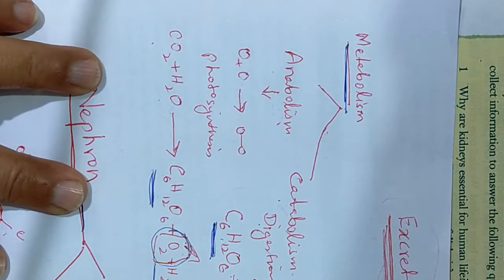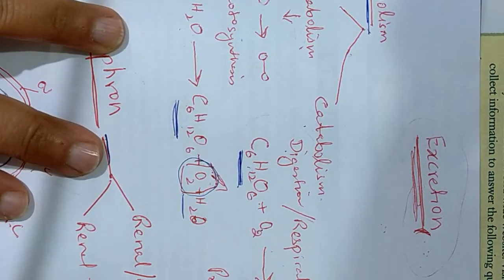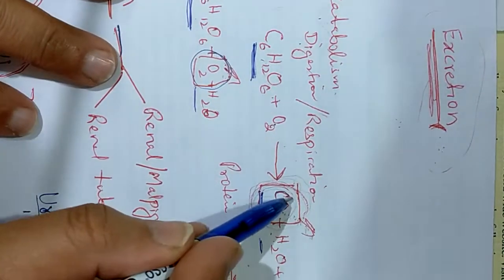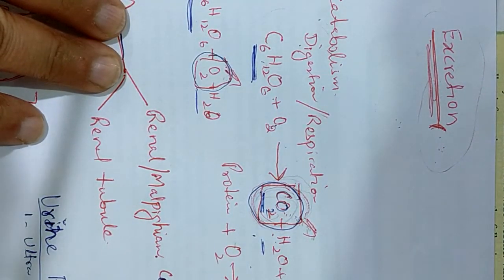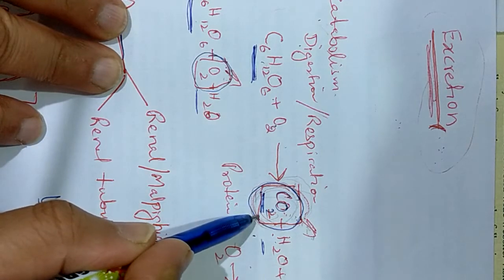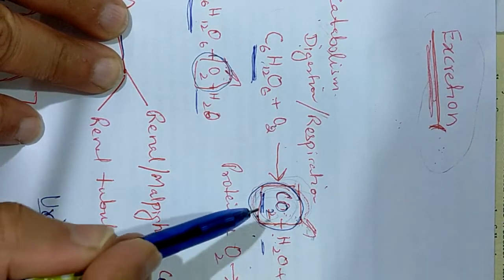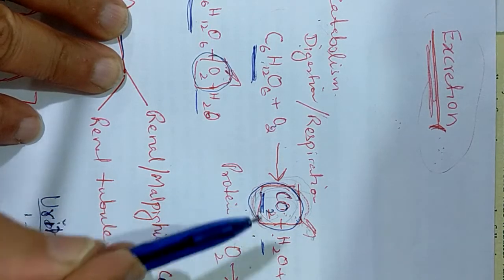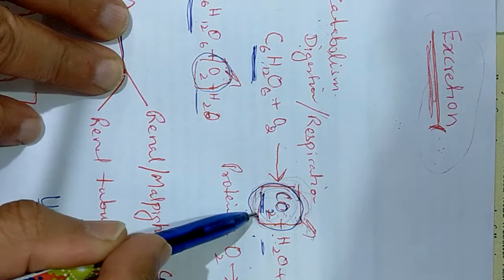Okay, now during metabolic activities, the byproducts which are formed, for example here in catabolic activity the carbon dioxide which is formed, if it stays in the body it can be harmful for the body. So it's compulsory to remove such types of waste material from the body. So excretion is the removal of metabolic waste and harmful compounds from the body.